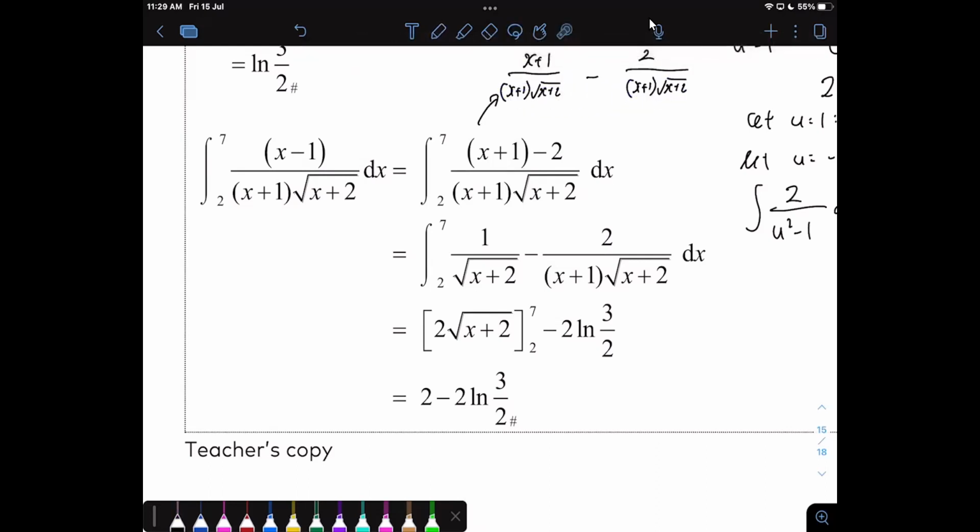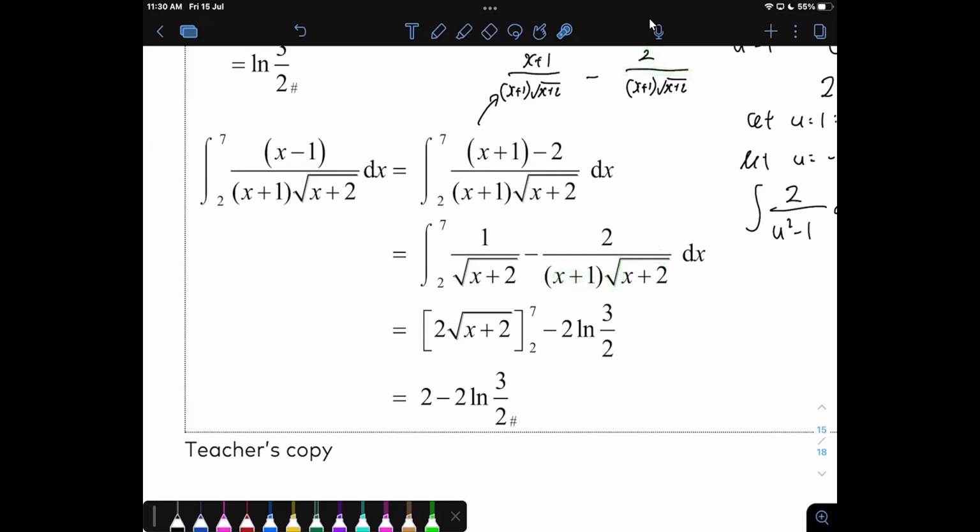Is this clear? Then what happens when you got x plus 1 on top and bottom? Cancel out, become 1 over square root x plus 2. Then this one becomes a -2 over x plus 1 multiplied by square root x plus 2.